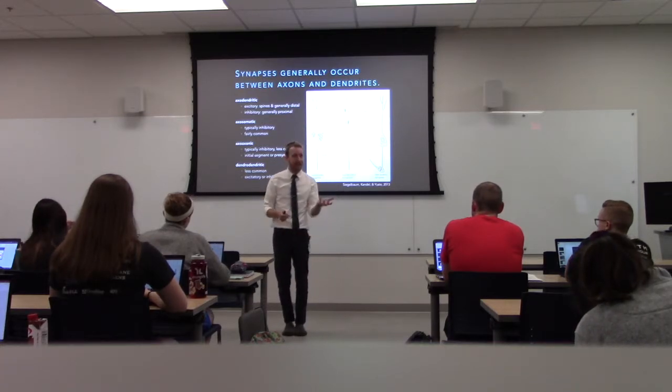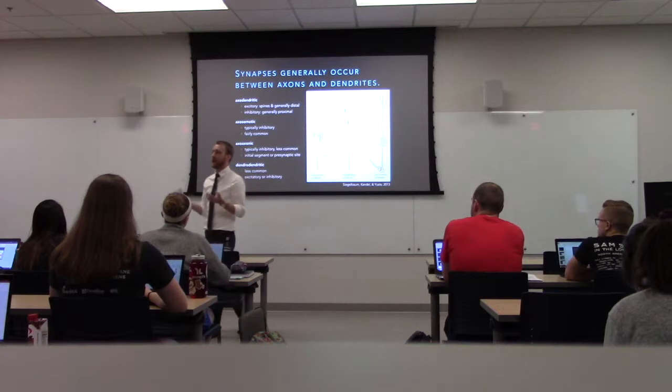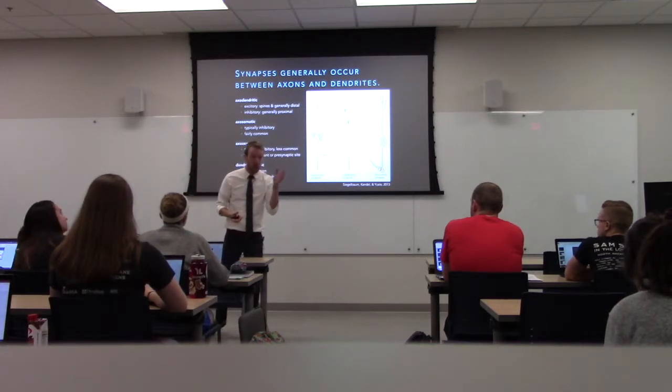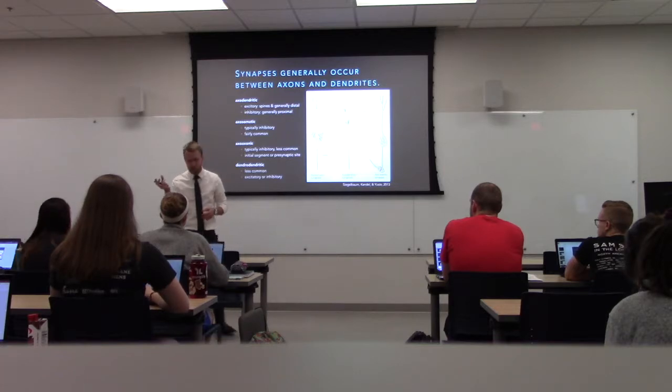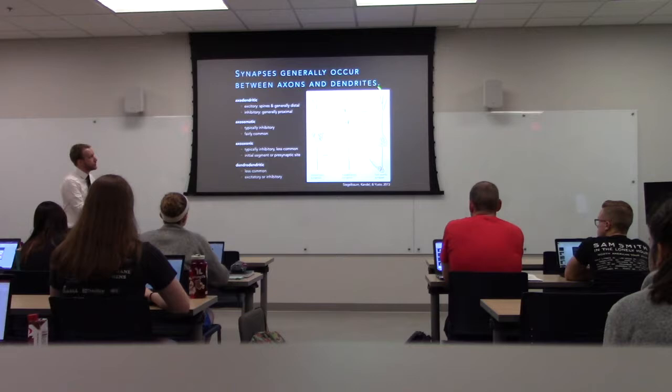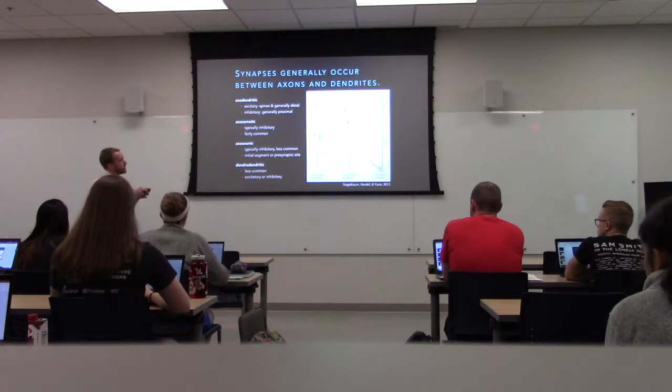And when we're talking about excitation and inhibition, we're talking about action potentials. Are they going to generate an action potential because of excitatory input, or are they not because of inhibitory input? Typically, your excitatory synapses are going to be more distal in the dendrites. They're further away because the closer synapses tend to be inhibitory.